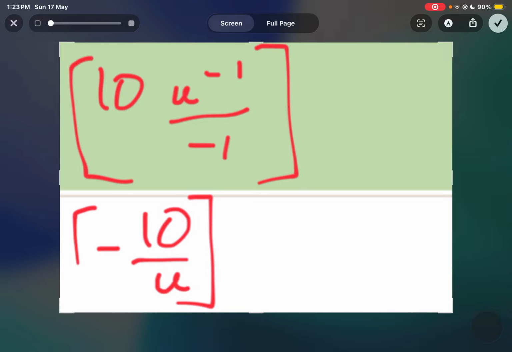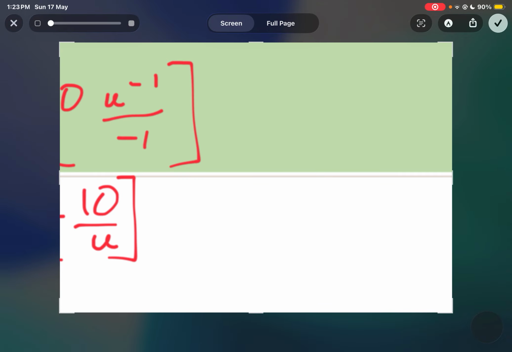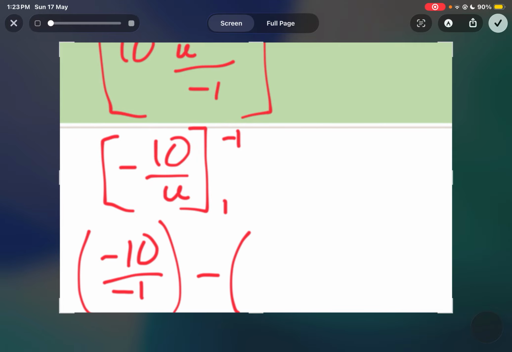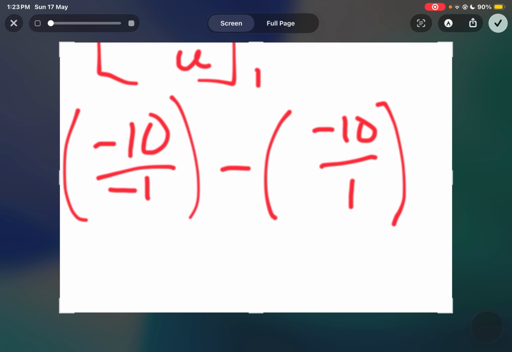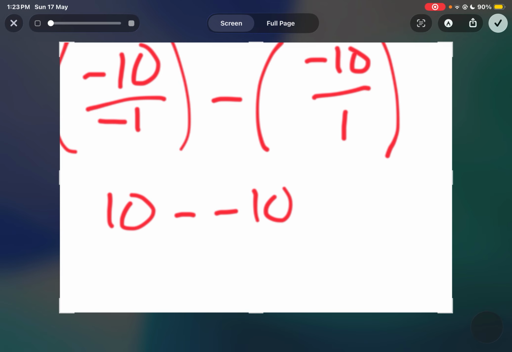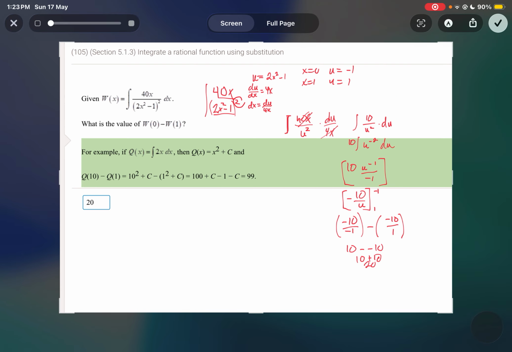And then it's all with limits minus 1 and 1, okay? So you place 1 first, then minus 10 over 1, minus minus 10 over minus 1. So here it will become minus 10 minus minus 10, which becomes 10 plus 10, which is equal to 20. And that's your final answer.